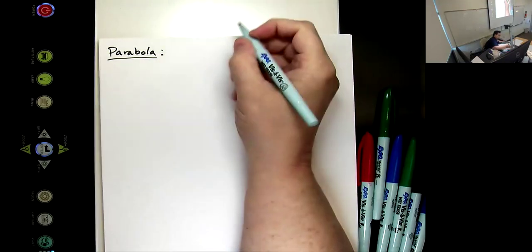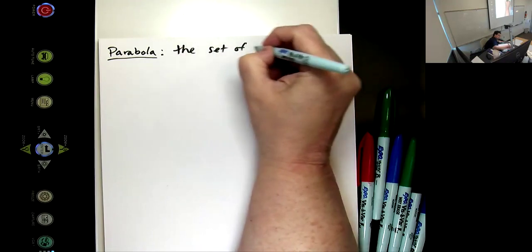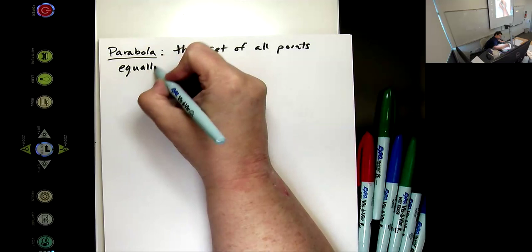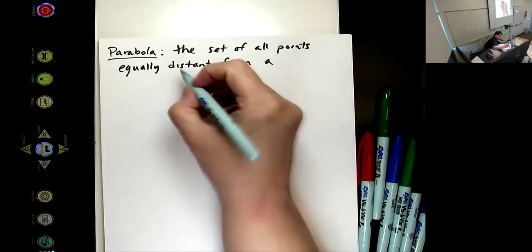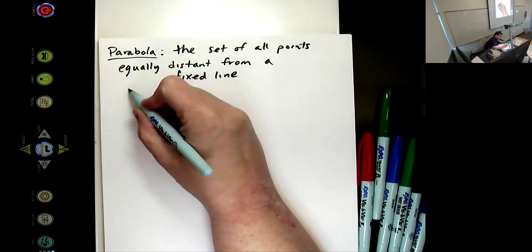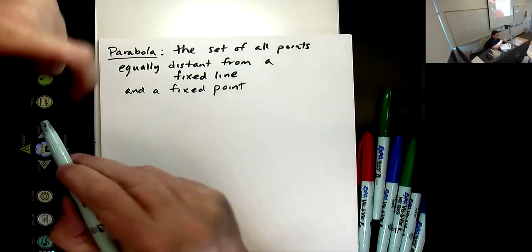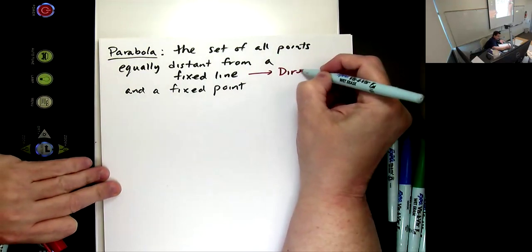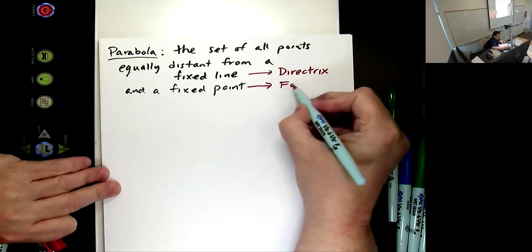The definition for a parabola is the set of all points equally distant from a fixed line and a fixed point. The fixed line is called the directrix. The fixed point is called a focus.